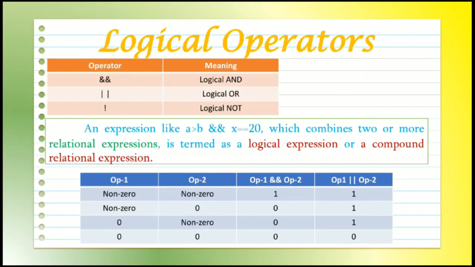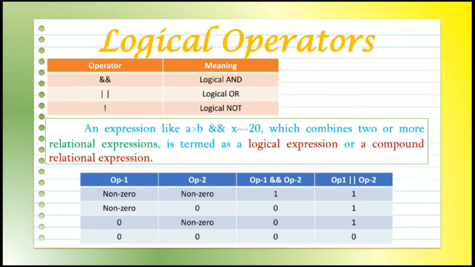Next, if the first operand's value is non-zero and the second operand's value is 0, then logical AND will be 0 and logical OR will be 1.